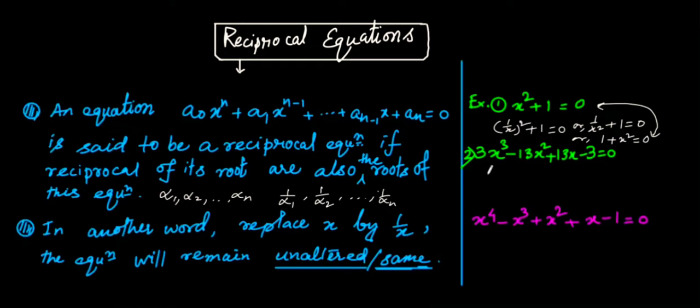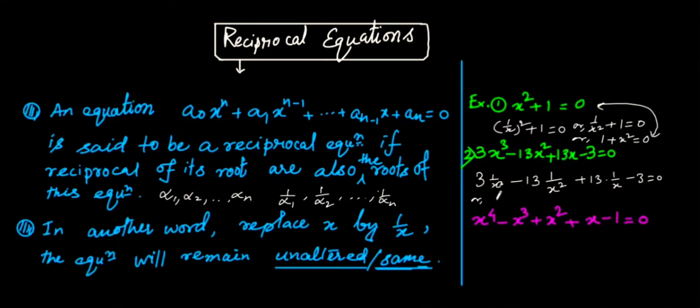Consider the second one, 3x cube minus 13x square plus 13x minus 3 equals 0. Put 1 upon x, then what will we get? 3 upon x cube minus 13 upon x square plus 13 upon x minus 3 equals 0.